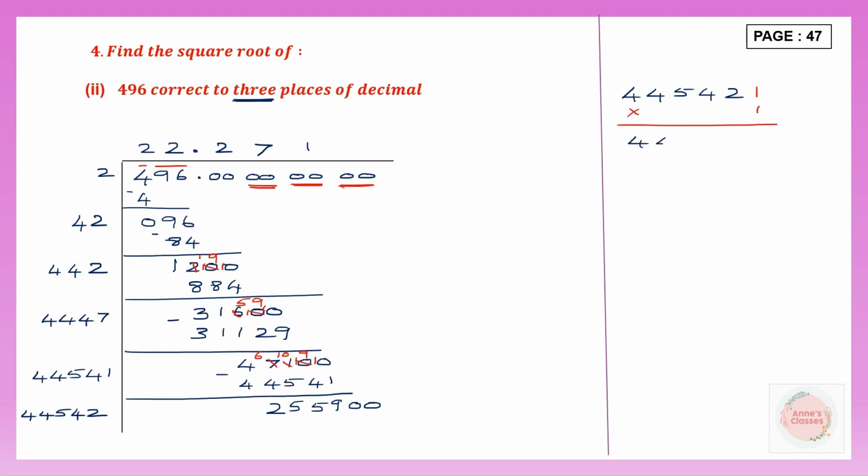So that is 445,421. Now when I read this, this will be 4,45,421. But look at our number here, it's 2 lakh and this is 4 lakh. So if I put 1 next to it, I'm not going to get a number close to it. So instead, I have to put a number smaller than 1, which is 0. So here, next to this, let's put 0. So we'll put 0. So now this number, let's read this number. What is it now?